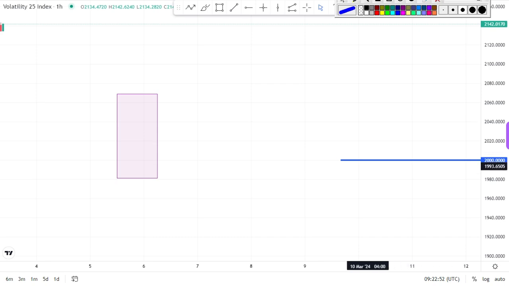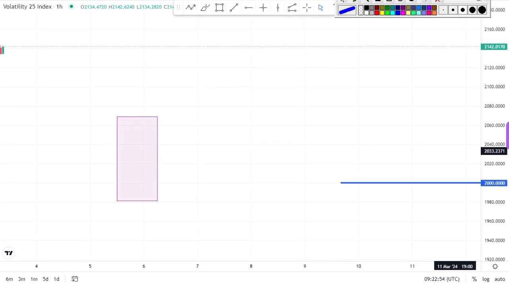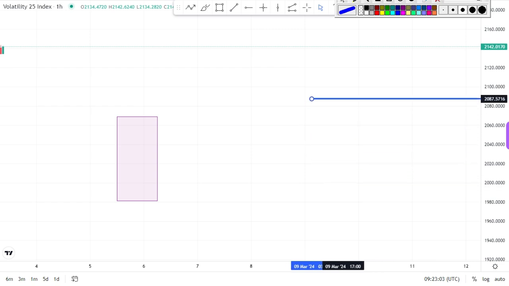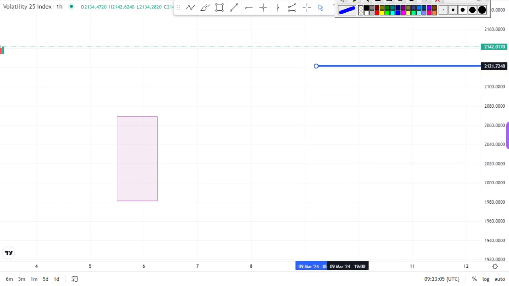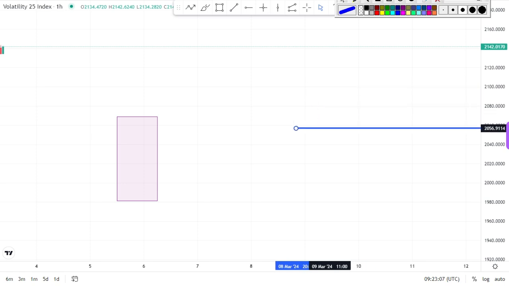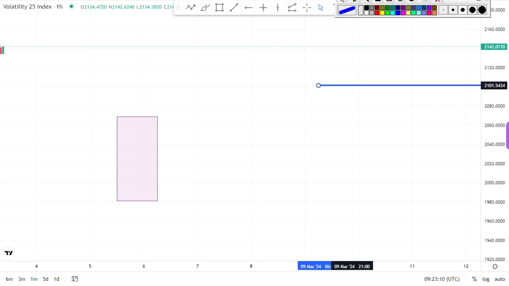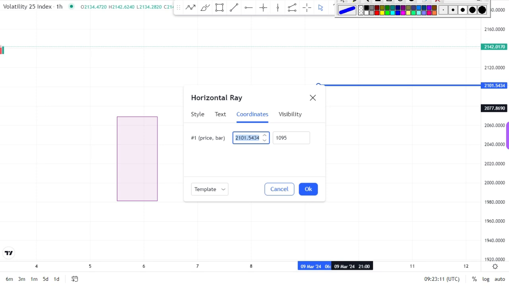Now if after 2 weeks or a month you went back to the market, and you now hear that this phone has moved from 2000 to, let's say, 2100. Okay, 2100.